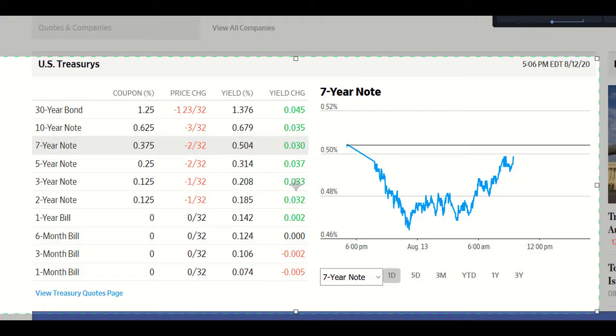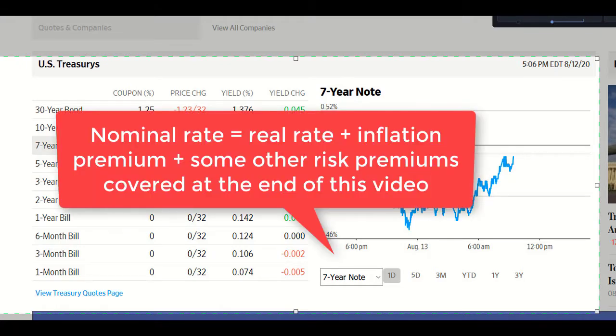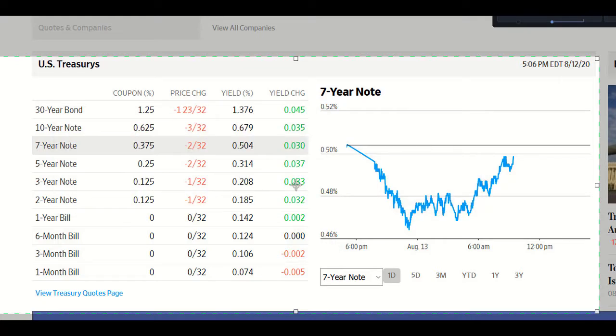Well, that means since interest rates, the nominal interest rates that we're looking at here, are a function of real rates plus an inflation premium, the inflation premium went up, and then the nominal yield went up, as you can see in the very right hand part of the table there, numbers. It's green, it went up. And so when yields go up, you know that prices go down.